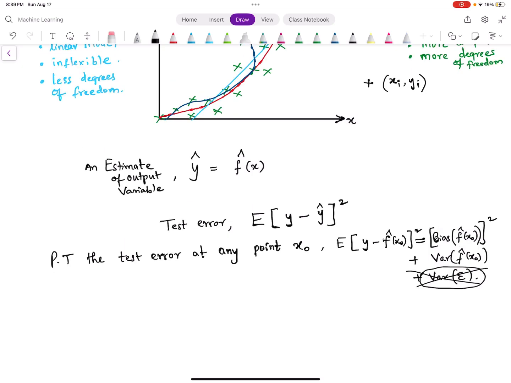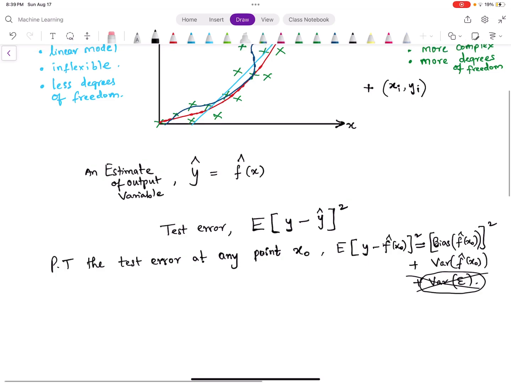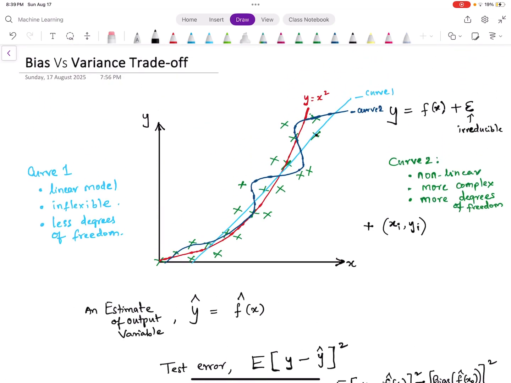So what is basically the bias of a model? If you consider curve 1 and curve 2, a much simpler model is used to fit an actual more complex model such as y is equal to x square. The error obtained is known as bias.